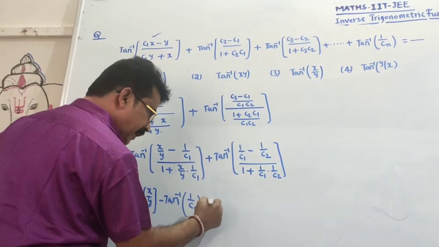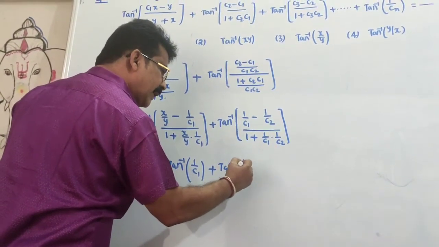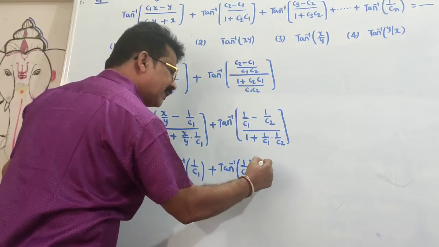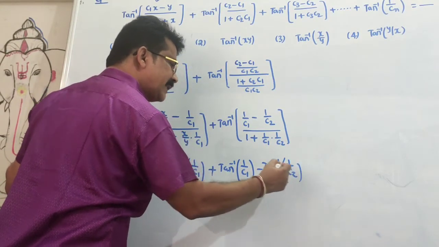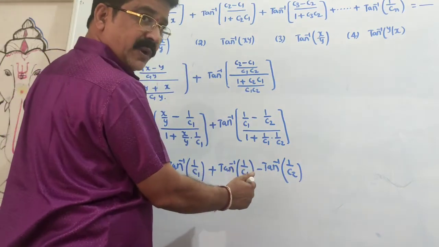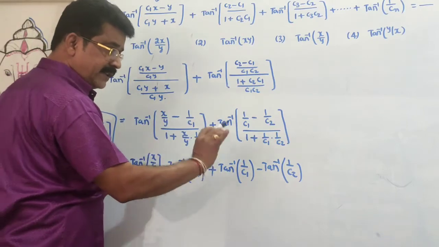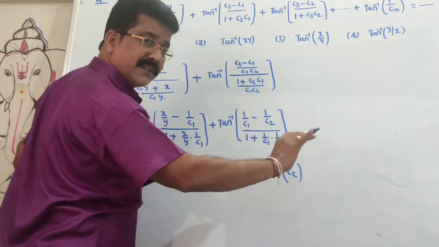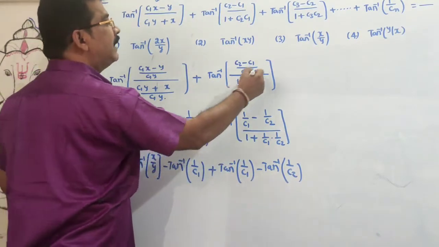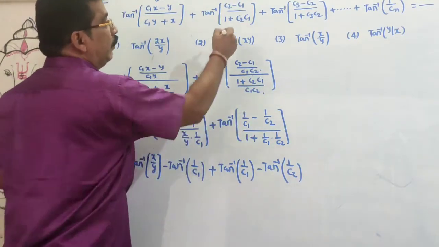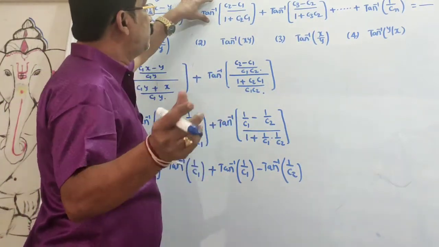Next step, it will be very clearly tan inverse of 1 by C1 minus tan inverse of 1 by C2. Of course, it will be the last but one step. In the last but one step, we are getting 1 by C1, 1 by C2, 1 by C3, 1 by C4, just like that. To obtain reciprocals of C1, C2, C3, we did like that, even though 1 plus something is there. Therefore, by mistake, don't do it otherwise.